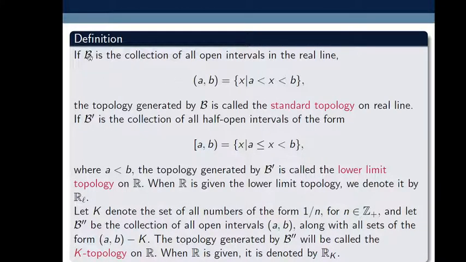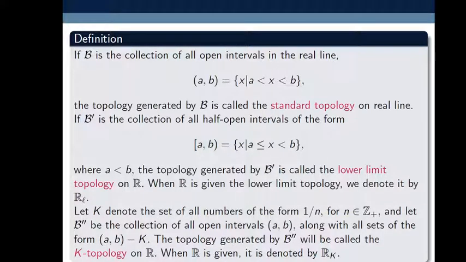Any topology generated by script B is called the standard topology, where script B is the collection of all open intervals on the real line. Any topology generated by script B dash is called the lower limit topology, where script B dash is the collection of all half open intervals.